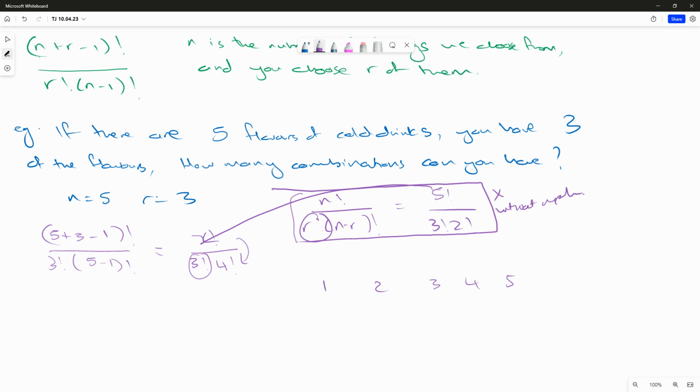If we're choosing r items from n items, where repetition is allowed, and the number of items you are choosing from is essentially unlimited, then the total possible selection would be n plus r minus 1.